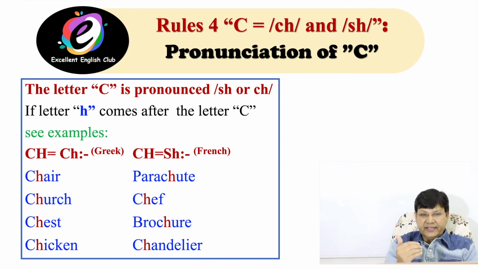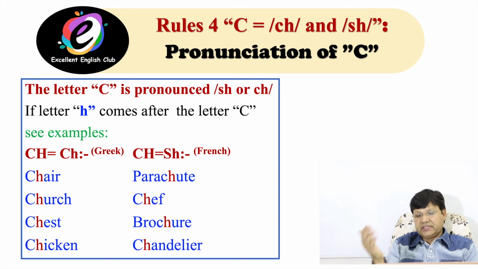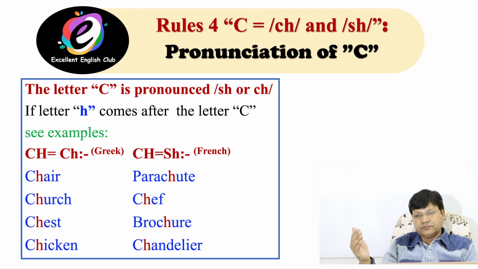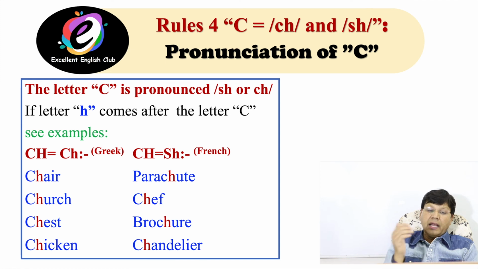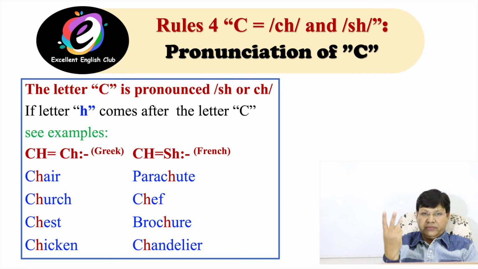Rule number 3, if IA or IO come after the C, the pronunciation will be sha. And finally, rule number 4, if letter H comes after the C, it has 2 different pronunciations, cha and sha.